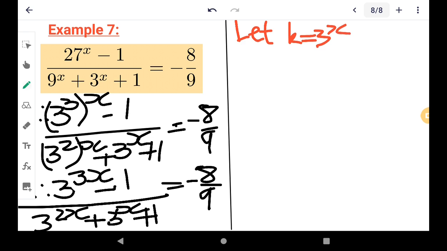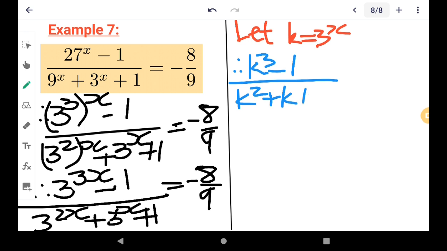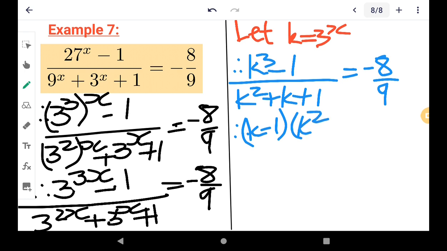Now, therefore, we have k cubed minus 1 over k squared plus k plus 1 equals negative 8 over 9. Now we can factorize that easily. k minus 1, k squared plus k plus 1.